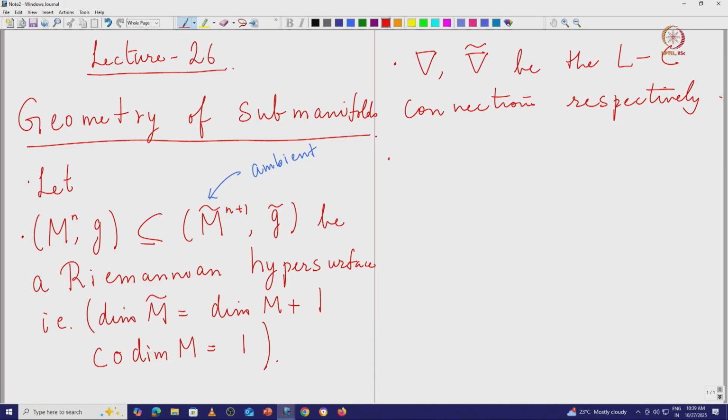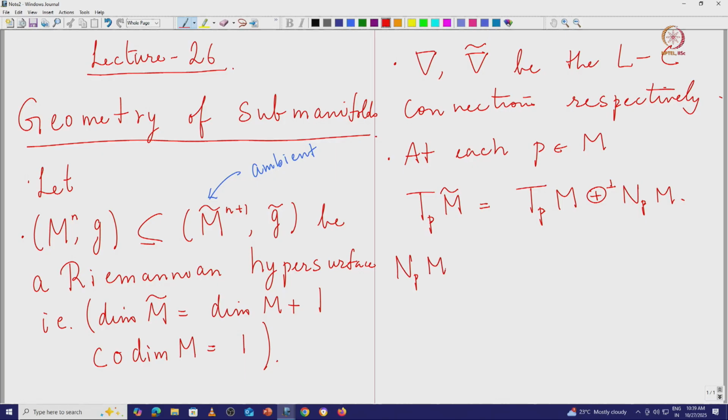The first point of observation is that at each p I have an orthogonal decomposition of the tangent space. The tangent space to M tilde decomposes as the tangent space of M plus an orthogonal direction which I will denote by N_pM. N_pM is simply the orthogonal complement of the tangent space.